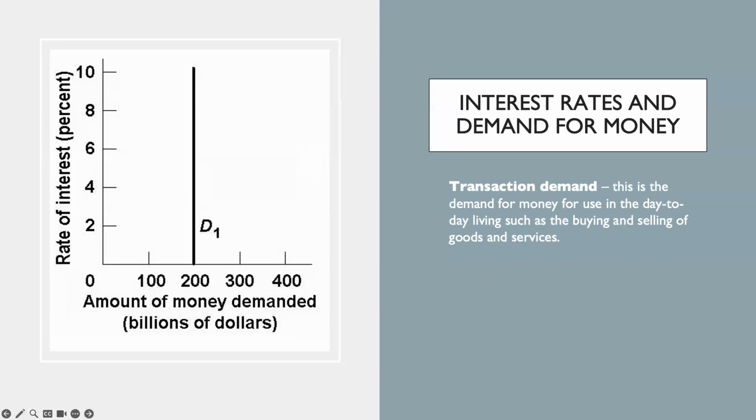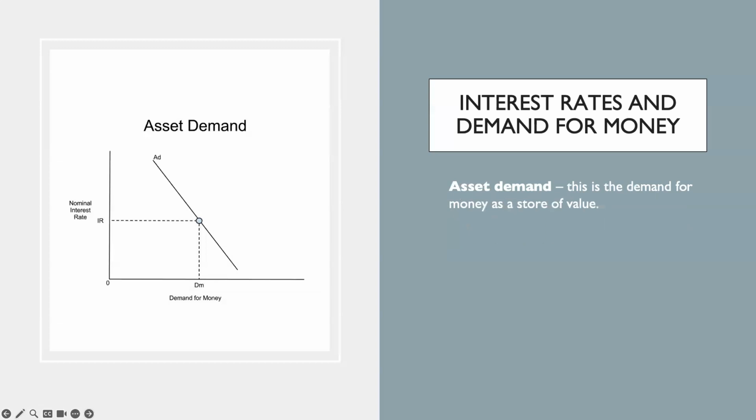The second type of demand for money is the asset demand for money, or the demand for money as a store of value. As we know, money has its inherent value. So our 1,000 pesos is valued at, of course, 1K without considering inflation.